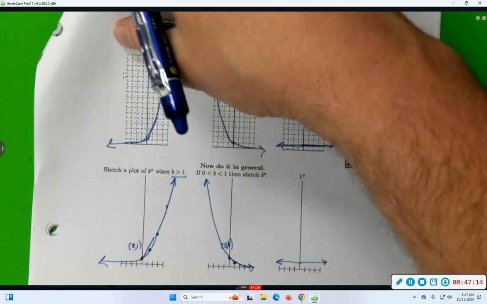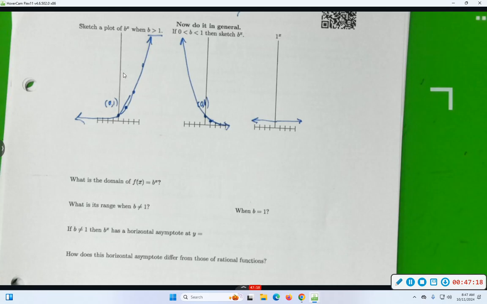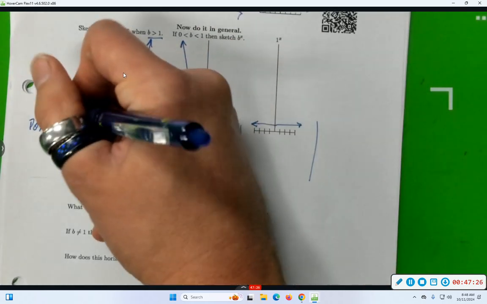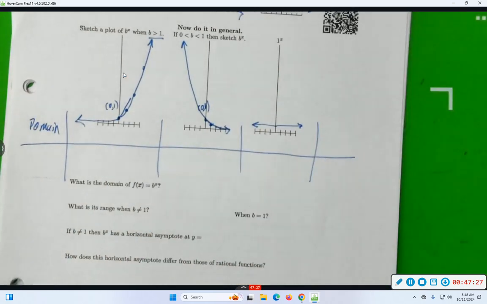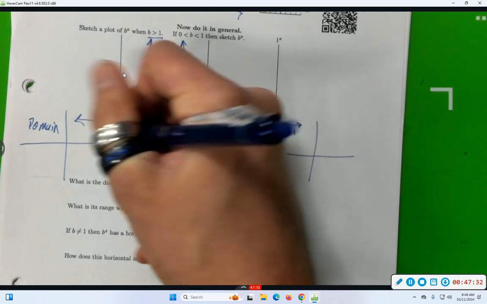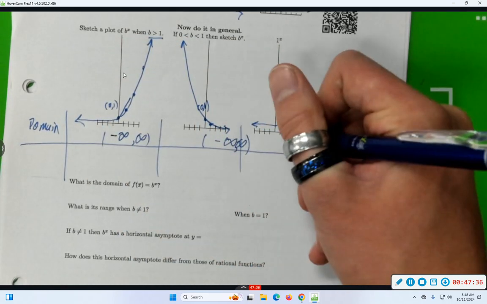And let's close with just some quick observations. What's the domain of every one of these? Oh, well, that didn't work out well.